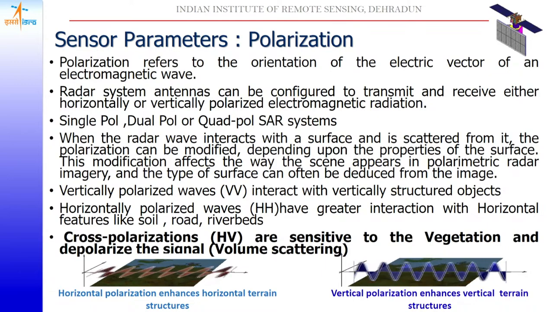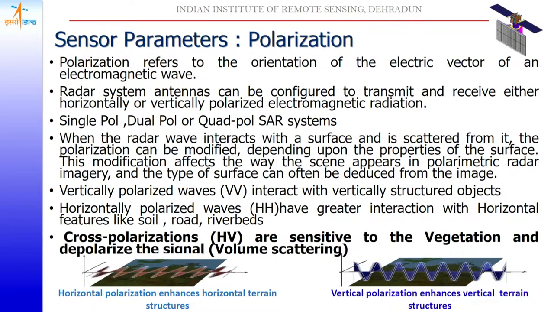From that change in polarization, we can interpret what type of target feature is there. Polarization helps in studying the orientation of the geometrical structure of any target, whether it is a vertical or a horizontal feature. Polarization also affects the backscatter energy of a SAR system.